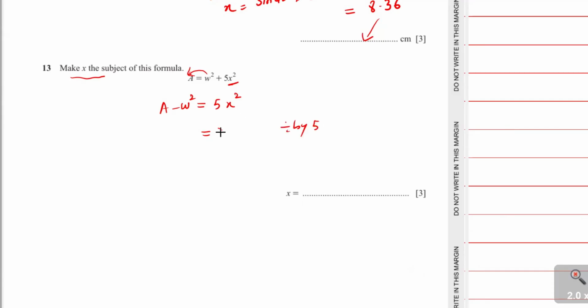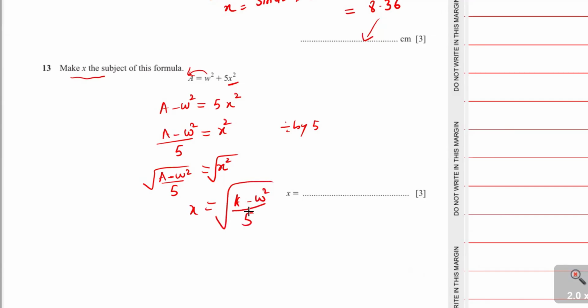We can write x square equal to a minus w square over 5. And we have to make x the subject. Therefore, we take the square root on both sides. We get the square root of a minus w square over 5 equal to x. And this x will be equal to the whole square root of a minus w square over 5. And this is the answer.